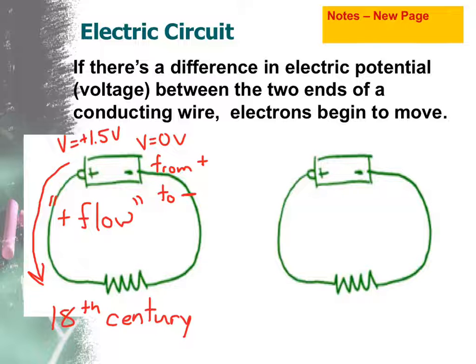There was a big problem, because electrons start on the negative terminal because they have a negative charge, and they flow the opposite direction from what they thought happened in the 18th century. So this is what really happens.